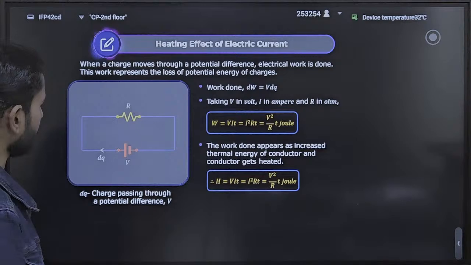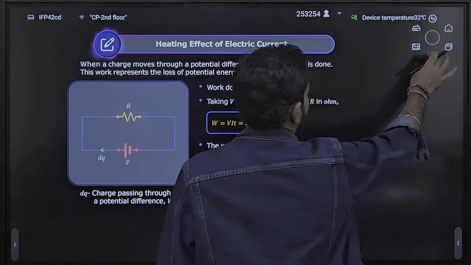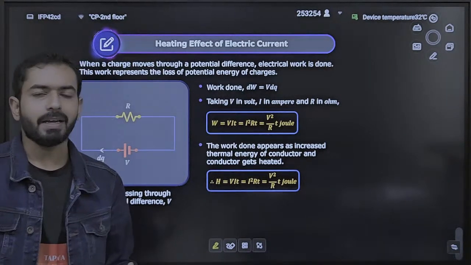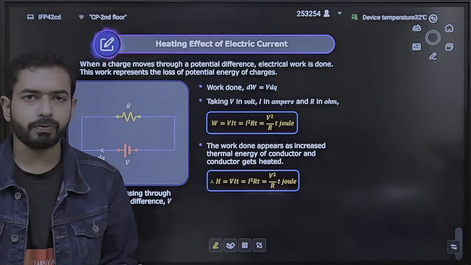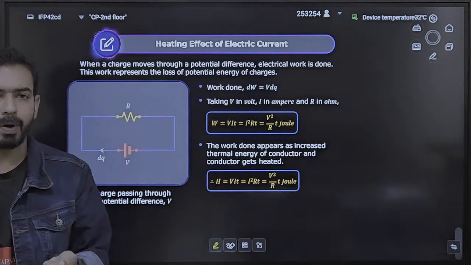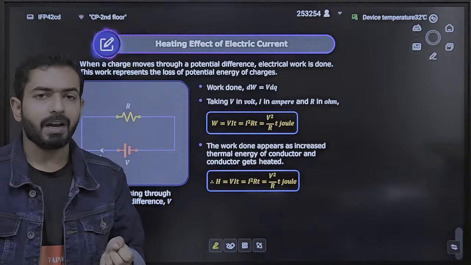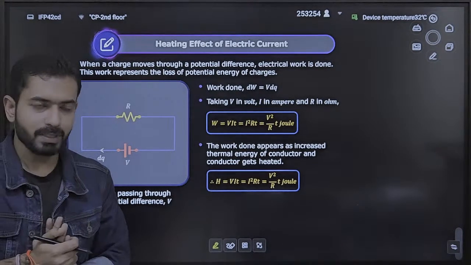Heating effect of current. What is the heat that is getting out due to resistance? Resistance is a property of a material to not allow current to pass through. And when current is applied, it increases the temperature, it releases some heat from the system.